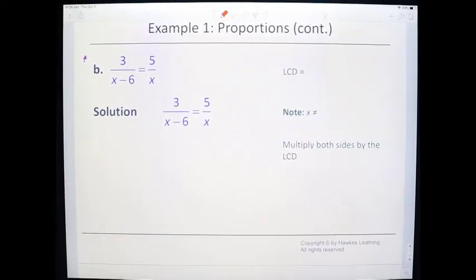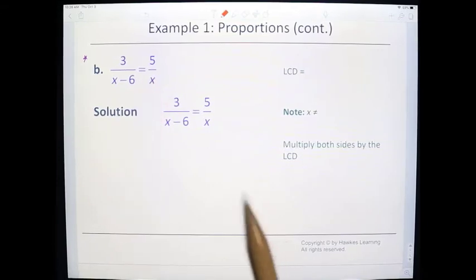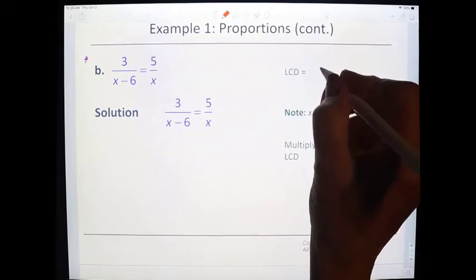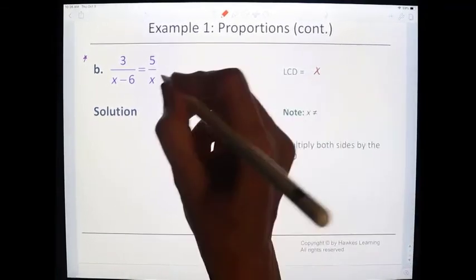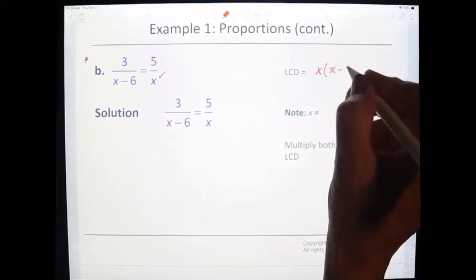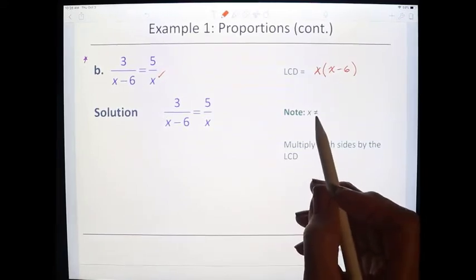Okay, so here's another proportion, a single fraction on the left, equals mark, single fraction on the right. Everything is already factored in these denominators, so it looks like the LCD needs a factor of x, so I'll account for that. And it needs the factor that's a prime binomial, x minus 6. So let's note what x cannot be.